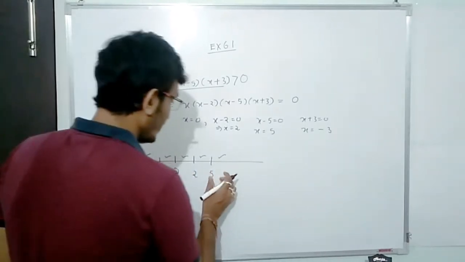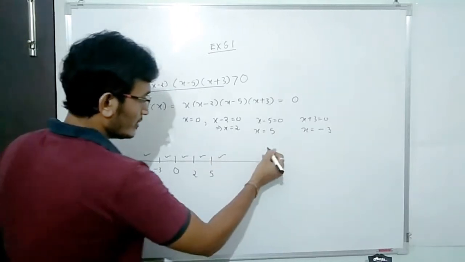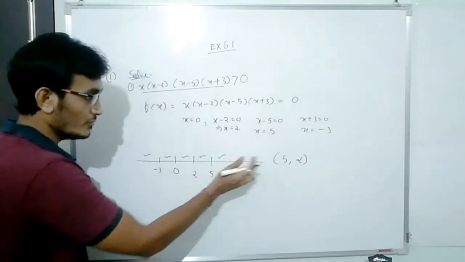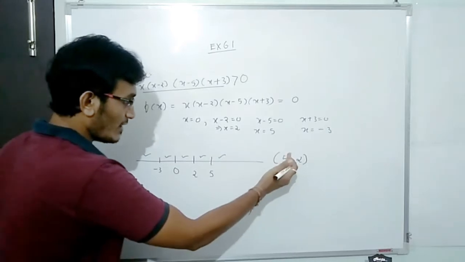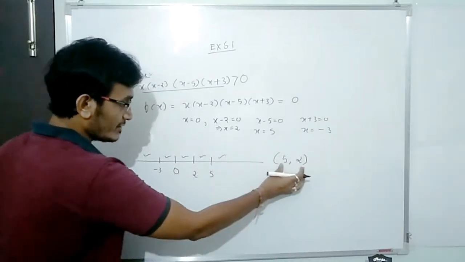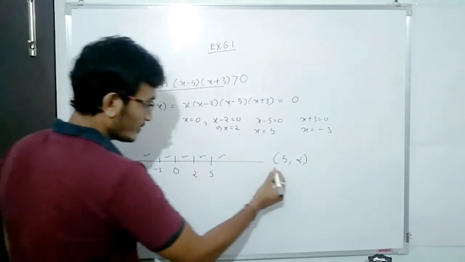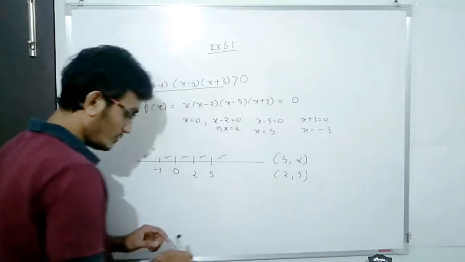So what are the intervals? From here, 5 to plus infinity. That means in this interval we consider all the numbers which are greater than 5. That's why we are representing it as 5 to infinity. Then next, in between 2 and 5, the open interval (2, 5).